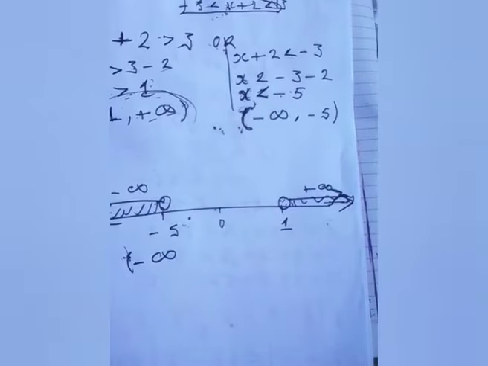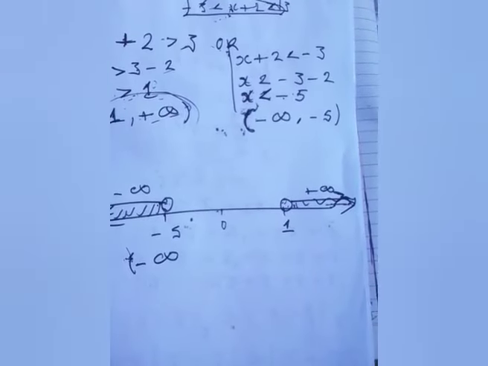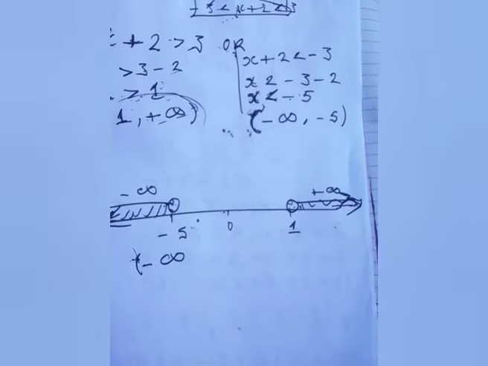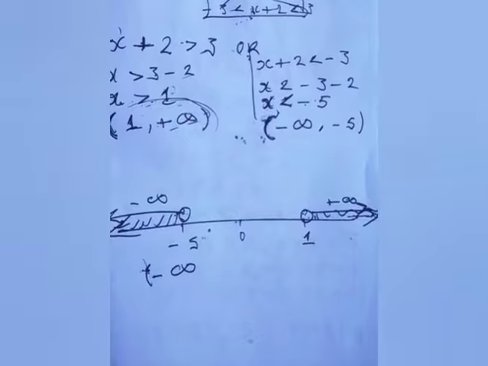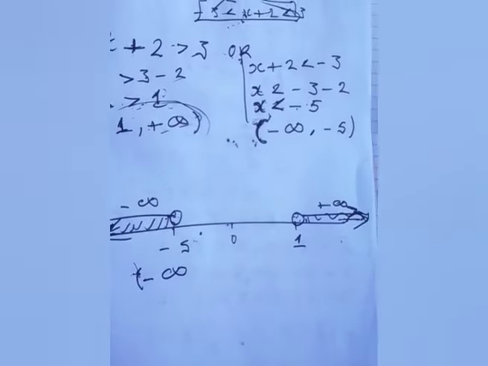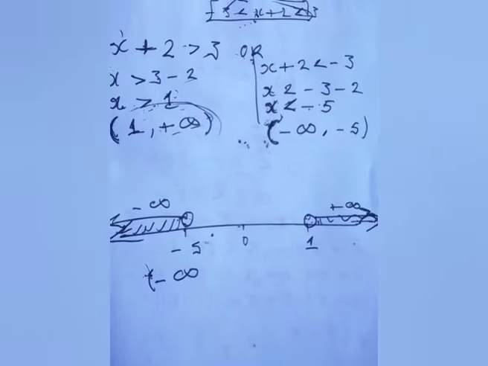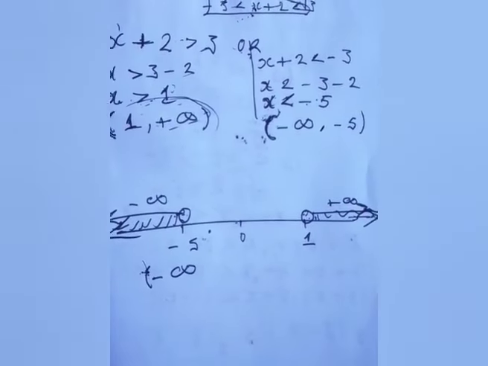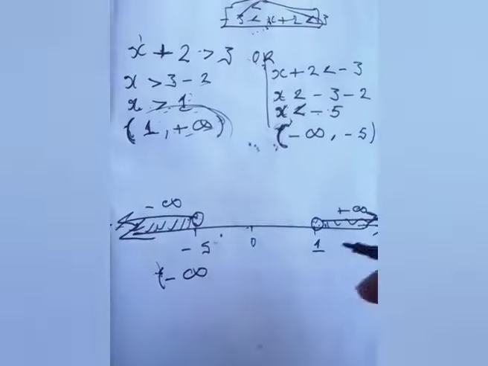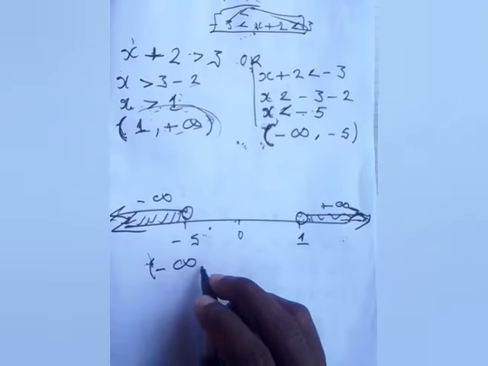But even on this channel, I've taught interval notations in the video that is there. On our platforms, I've even solved tutorial questions. But if you want me to solve on this YouTube channel as well, make sure that you comment in the comment section. So here is going to be negative infinity, comma, -5.